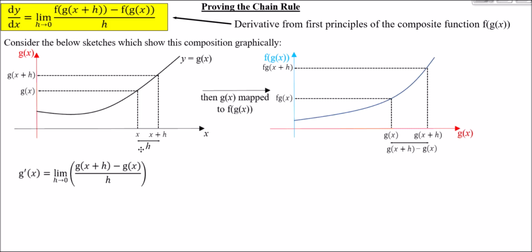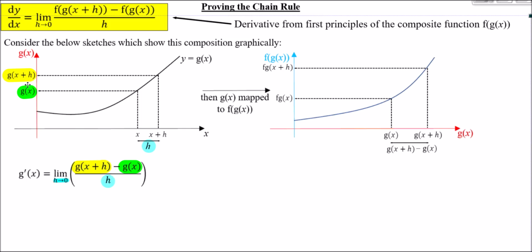So if we just compare the ingredients for the derivative function of g of x, we've got g of x plus h, g of x, for 2 bits on the vertical axis, all over the change on the horizontal axis, h in our case, as it tends to 0, we have this.